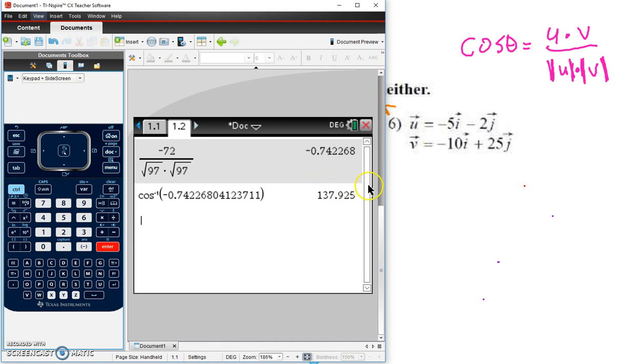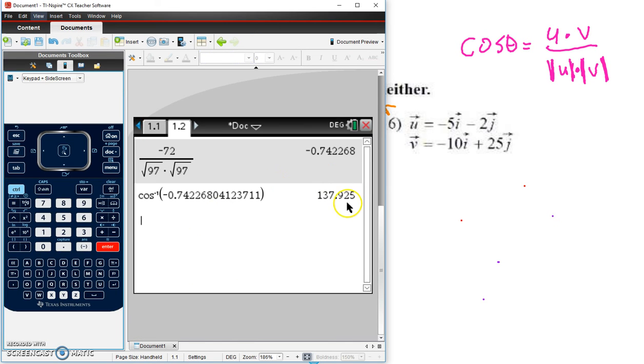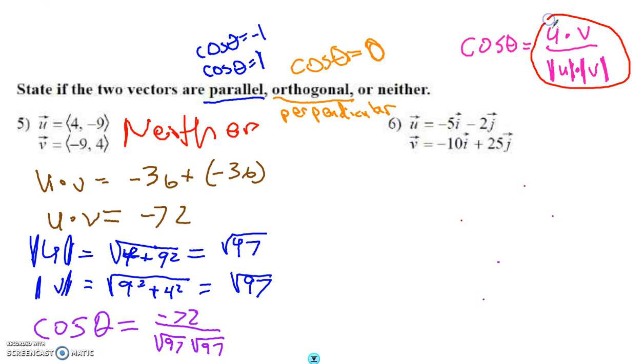So we have a big angle, 137.9 degrees is the angle between these two vectors. Okay, so this question doesn't ask for that, but if you wanted the angle between the vectors, this is the angle between the vectors. So if you want the angle, you just do cosine inverse of whatever your dot product over the magnitudes product is.